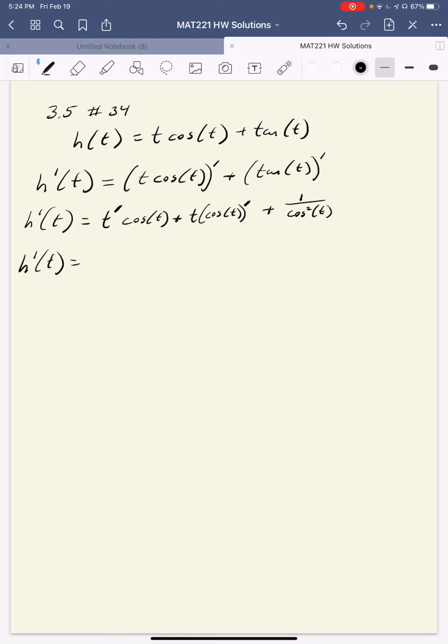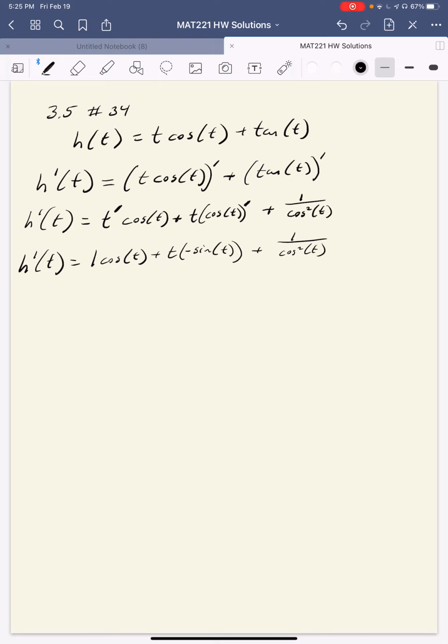So I would have 1 times the cosine of t, and then add to that t times the derivative of the cosine of t. And the derivative of the cosine of t is negative sine t. And then, of course, I still have this 1 over cosine squared t.